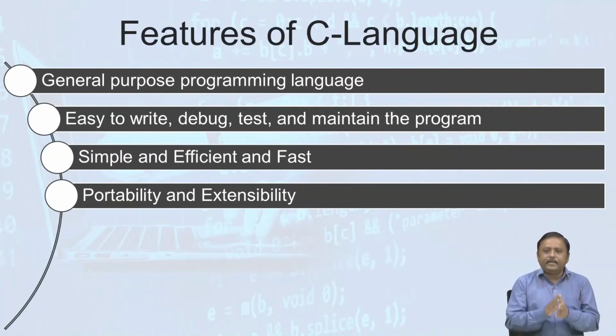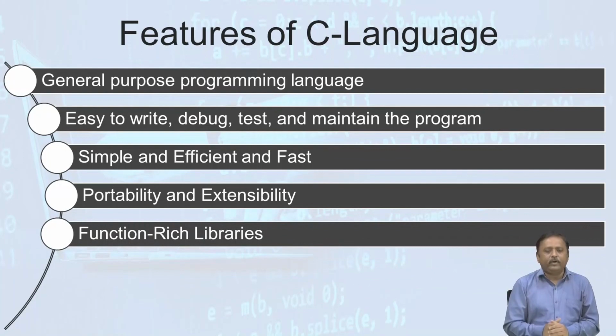Now what is extensibility? Now suppose someone has written C code, you can add new features easily into that existing program. So that is called extensibility. So C programs are portable and extensible.